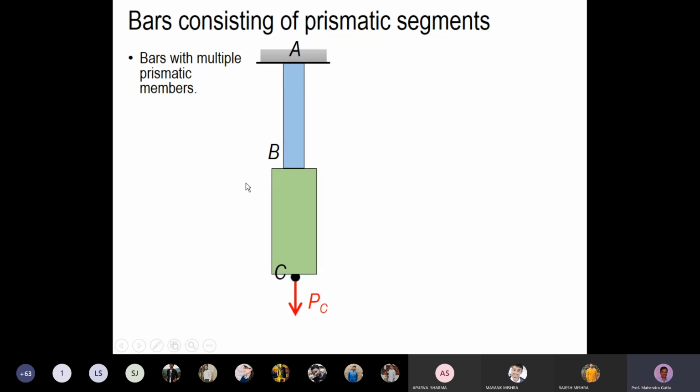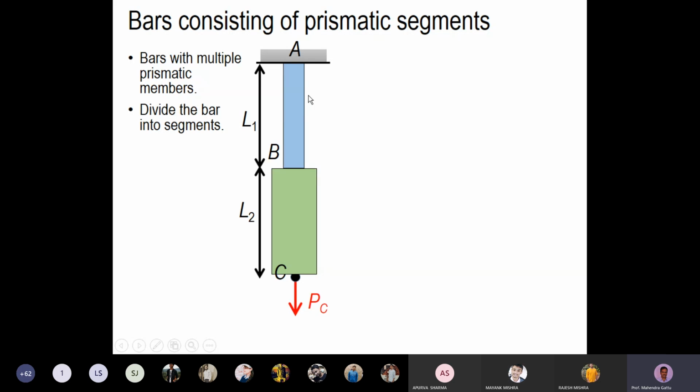If you cut a cross section, how many segments do we need for this problem? The axial force is the same here and here, but the area of cross section is varying from A to B and B to C. So we have to cut into 2 segments, segment 1 and segment 2. We have to make sure that strain, or N by EA, is constant in that segment.